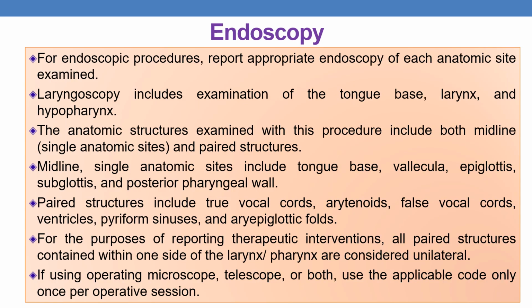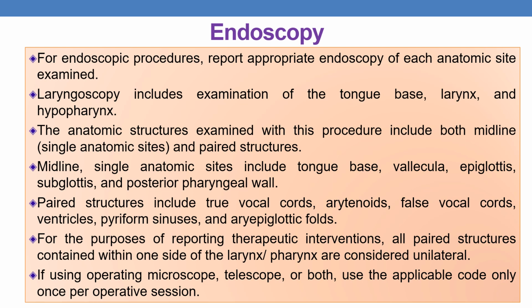Next topic is endoscopy. For endoscopic procedures, report the appropriate endoscopy of each anatomical site examined. Laryngoscopy includes examination of tongue base, larynx and hypopharynx. The anatomic structures examined with this procedure include both midline, that is single anatomical site, and paired structures.